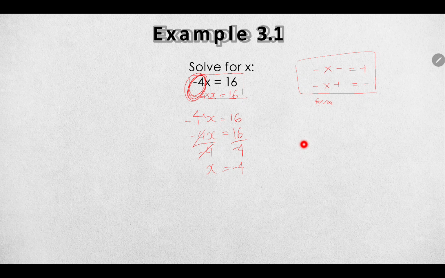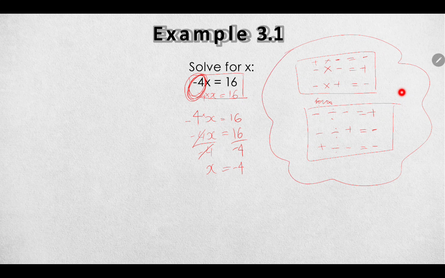And don't forget, you also have to remember the following. These are really vital, especially when it comes to order of operations and when it comes to solving algebra.